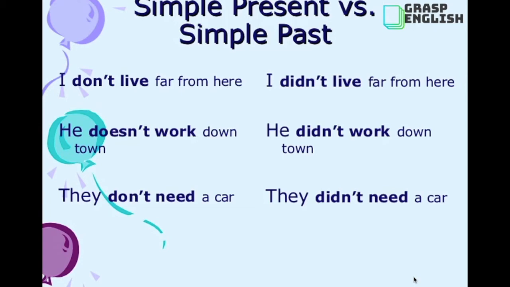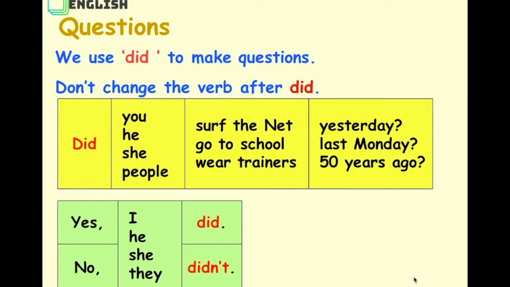They don't need a car. They didn't need a car. So I hope you have understood. With I and they I am using don't. With he I am using doesn't. But in the did case I am using didn't with all types of singular and plural, whether it is I, he or they, whatever it is.